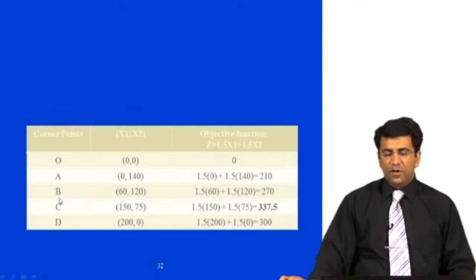At point B, if we produce 60 units of product A and 120 units of product B, we get a profit of 270. At point C, if we produce 150 units of product A and 75 units of product B, we get a profit of 337.5. At point D, if we produce 200 units of product A and none of product B, we get a profit of 300. So what is the maximum profit?